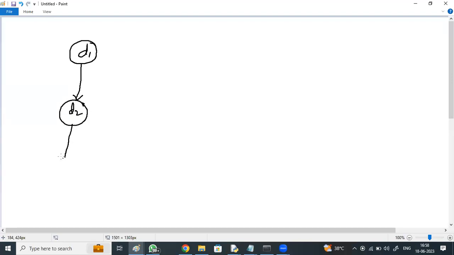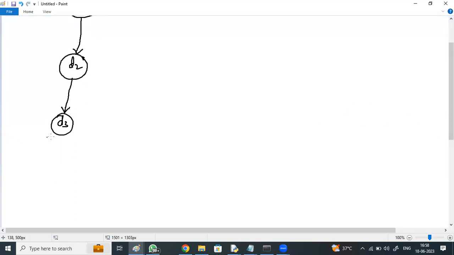And if you perform any operations, merging, grouping, aggregations, transformation, filtering, then D3 is created. From the same D3 output you take D4, D5, and from the same D3 output you take D6, D7.